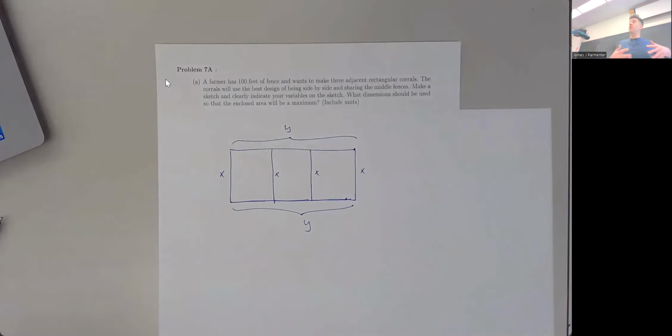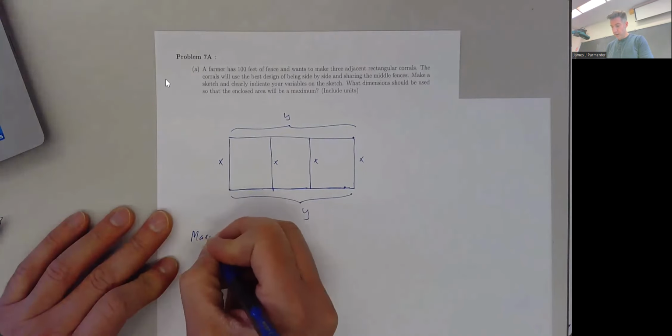Okay, almost always whenever you're doing optimization, there are 2 equations you have to write down. The thing you're trying to optimize, aka maximize or minimize, and the constraint, the limiting piece of information. So here, what are we trying to maximize or minimize? Right.